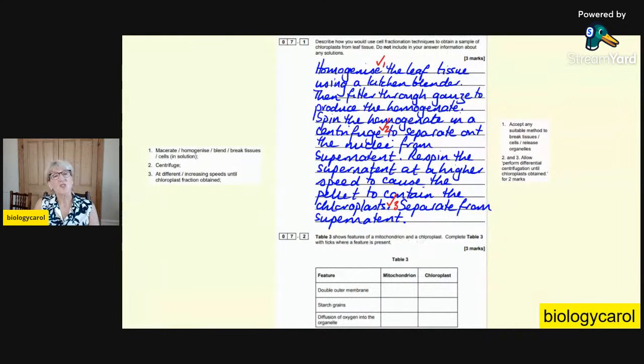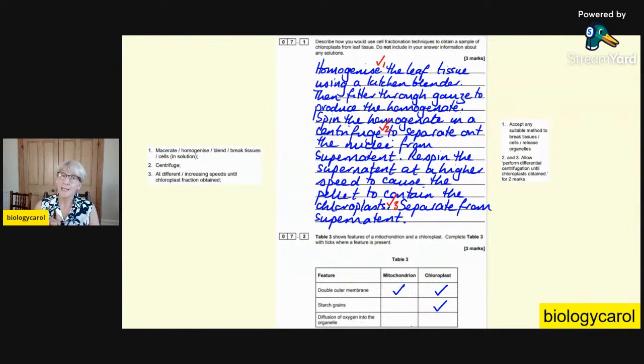Table 3 shows the features of a mitochondrion and a chloroplast. Tick to complete. So, double outer membrane. Both mitochondria and chloroplasts have a double outer membrane. They have starch grains. The only cells that will have starch grains in them ever will be plant cells, and they're often found in the chloroplasts, never in a mitochondrion.